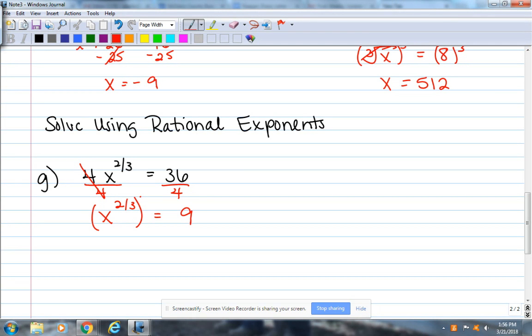So we multiply by 3 over 2 over here. And we raise this side to the 3 over 2 power as well, because remember, in an equation, what you do to one side, you got to do to the other side. 2/3 times 3 over 2 makes 6 over 6, which equals 1, right? So that's x to the first power. That's x by itself, y'all.